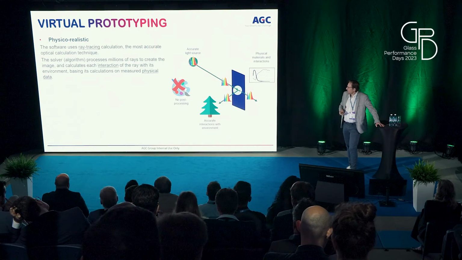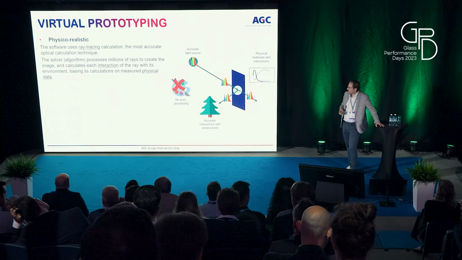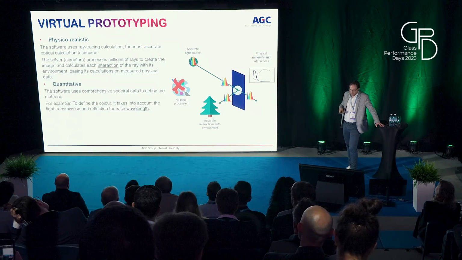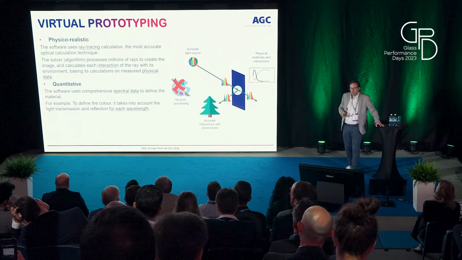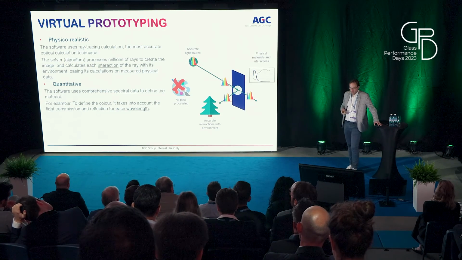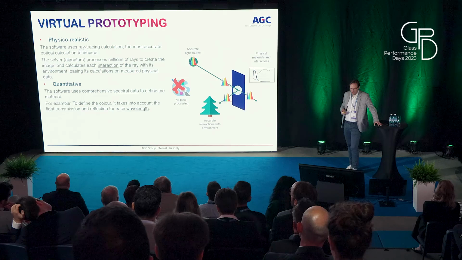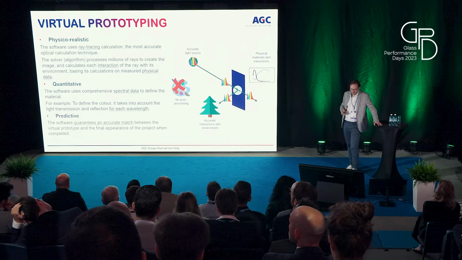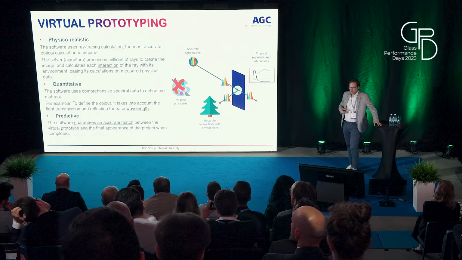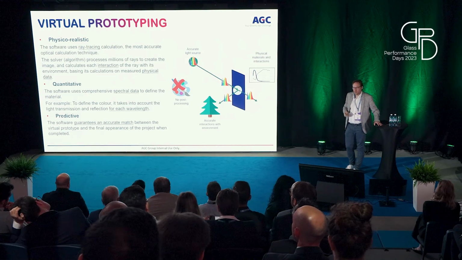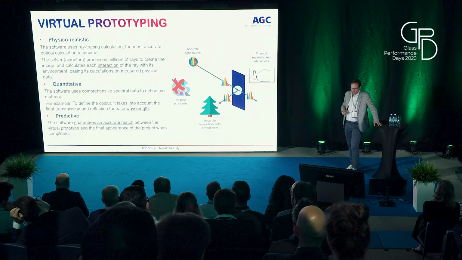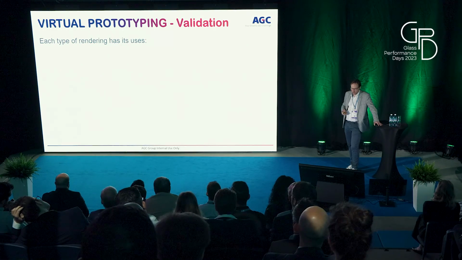This gives a very exact model and a very exact image afterwards. As already mentioned, we have real spectral data of each material, so we have not integrated the values before. We use really the measured data for each material, and it's not a post-processing system or calculation.